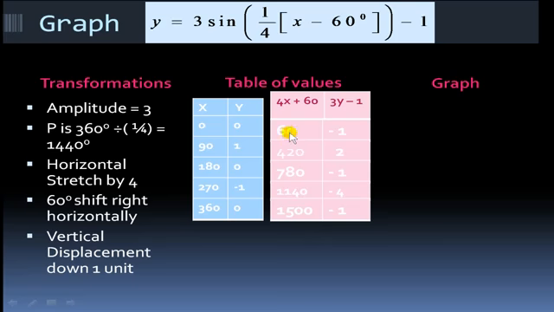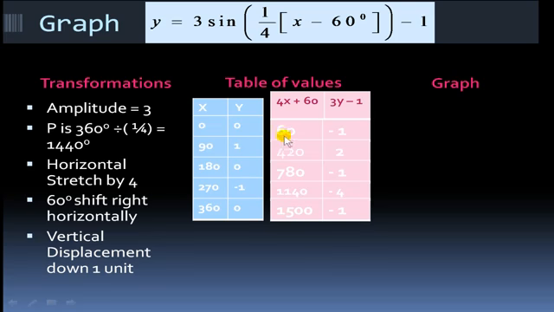Keep in mind that from 60 degrees to 1500, we have 1440 degrees that have taken place. And if you notice astutely, from here to here, you have 4 cycles. Sorry, not 4 cycles. You have 360 degrees per quarter.